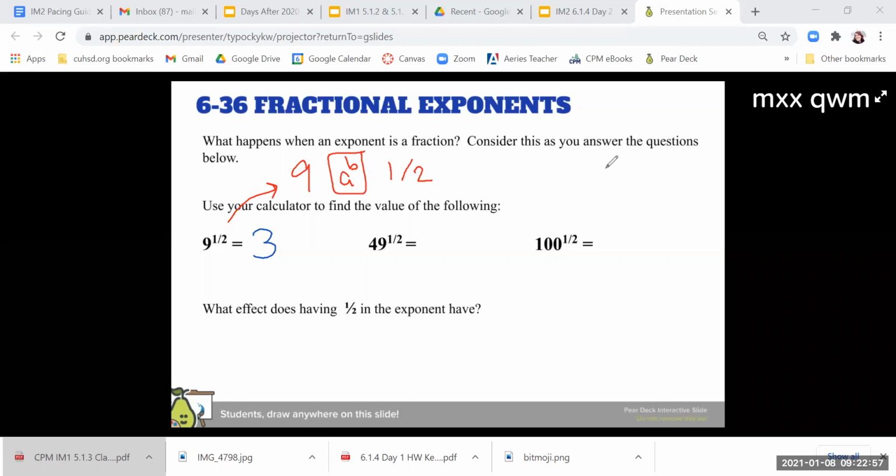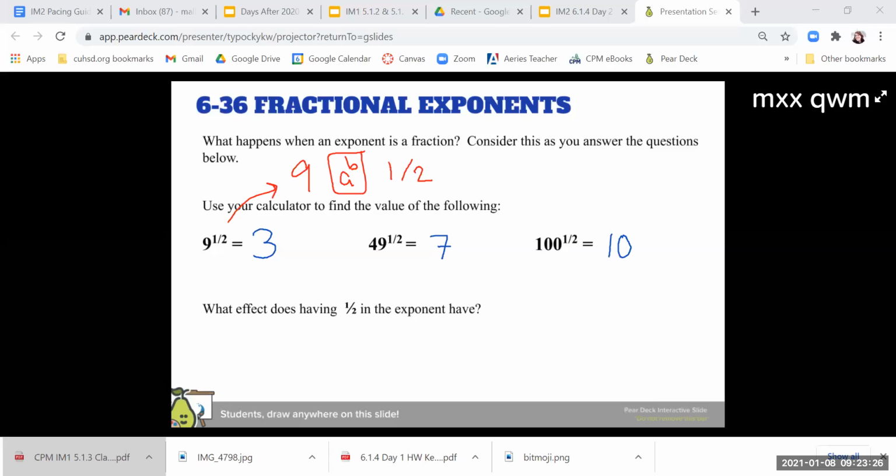And then when you do the same thing with 49 to the 1/2, you should get 7. And with the last one, 100 to the 1/2, you should get 10.